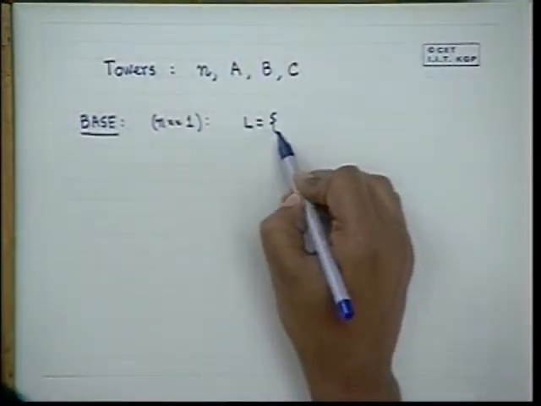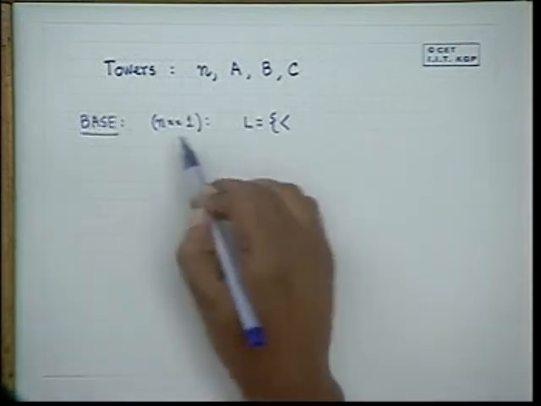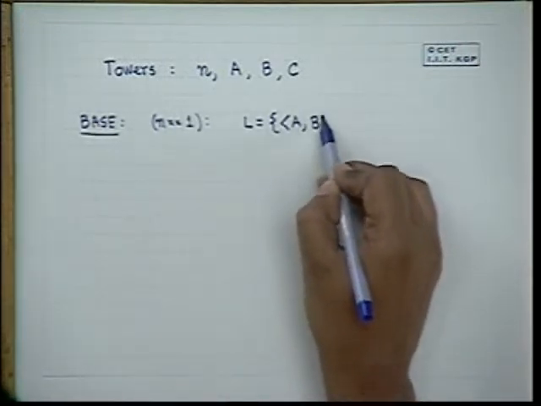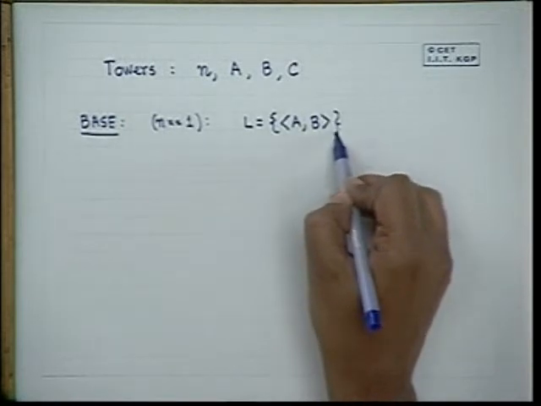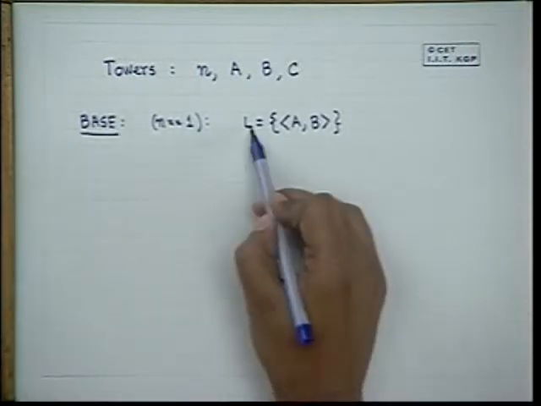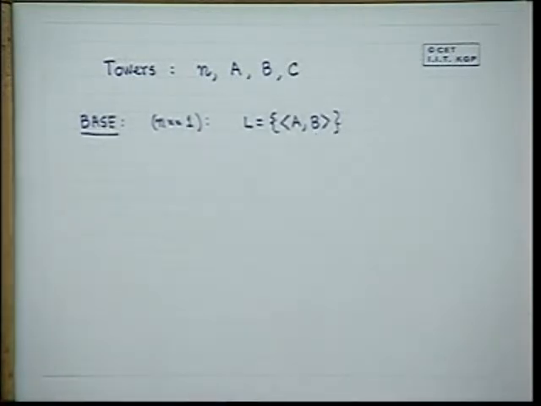So when n is equal to 1, the solution is a single move in the sequence. So L is A, B only.